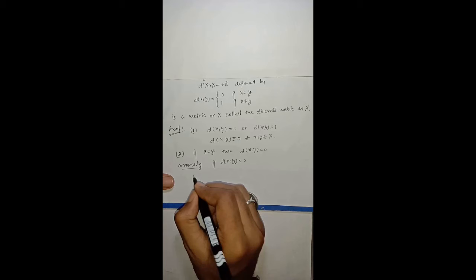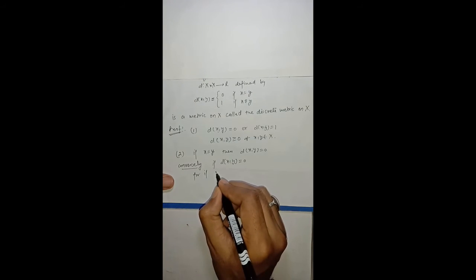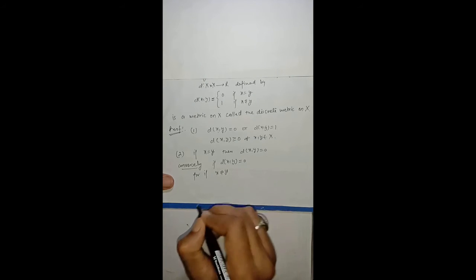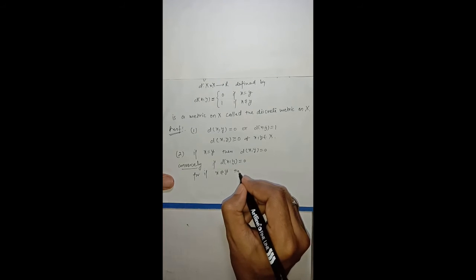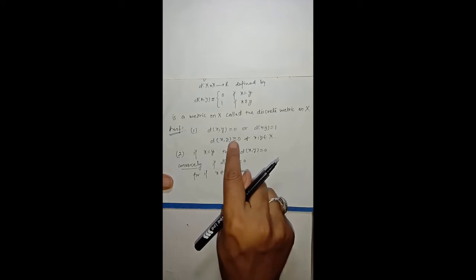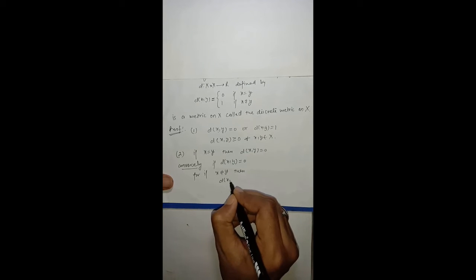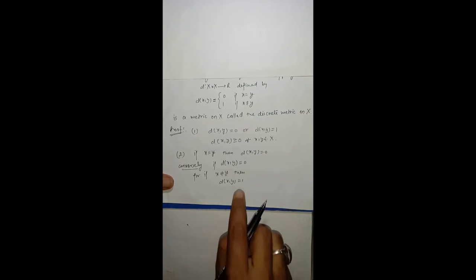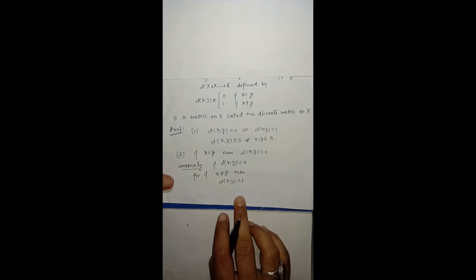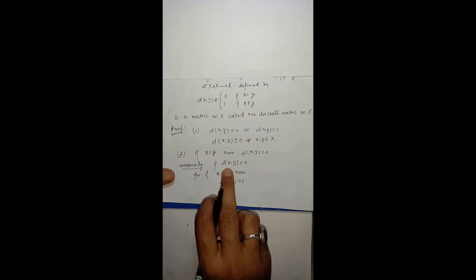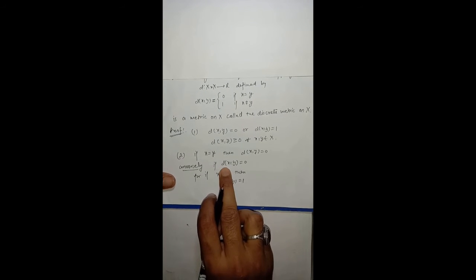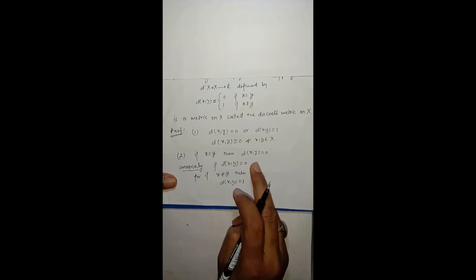For if x is not equal to y, then by the definition of d, the distance between x and y is equal to 1. This is a contradiction because our hypothesis is that the distance between x and y is 0.